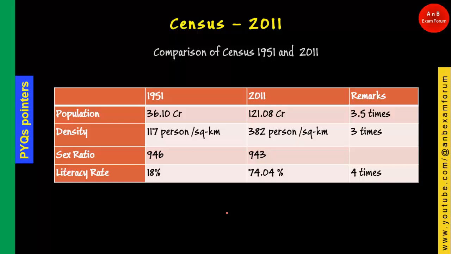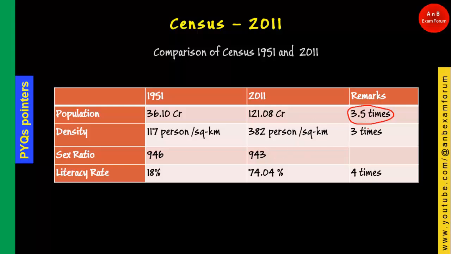If we compare the census of 1951 with 2011, the population has increased by 3.5 times. Sometimes they may ask how many times the population has increased compared to 1951. It is 3.5 times.